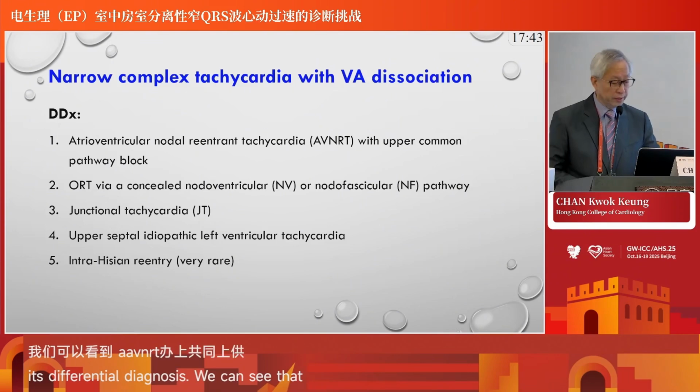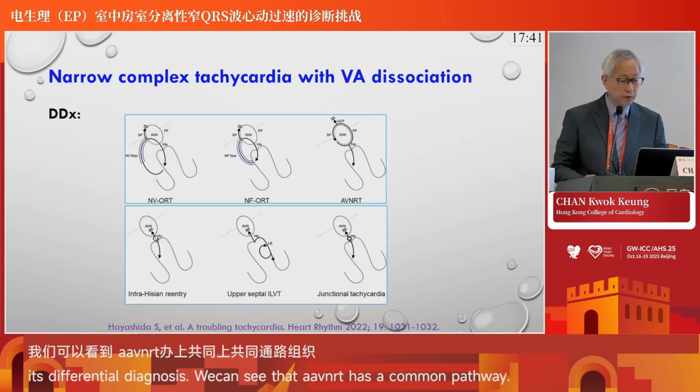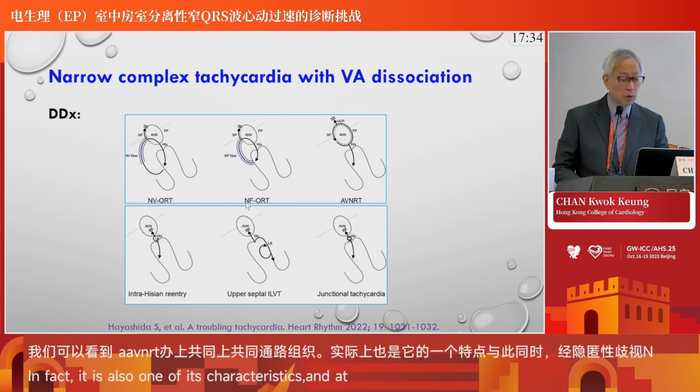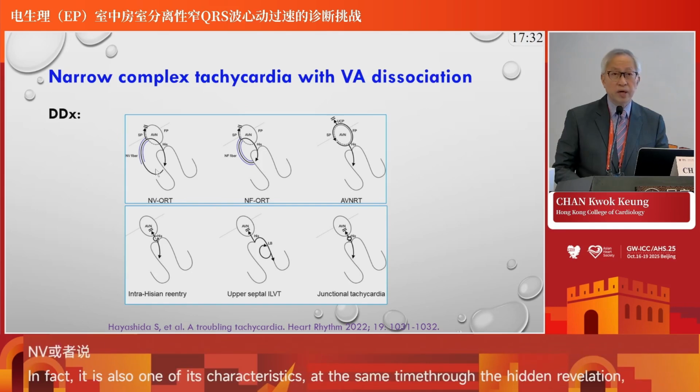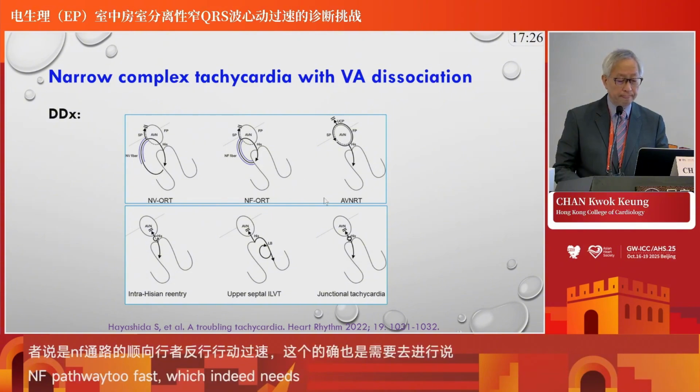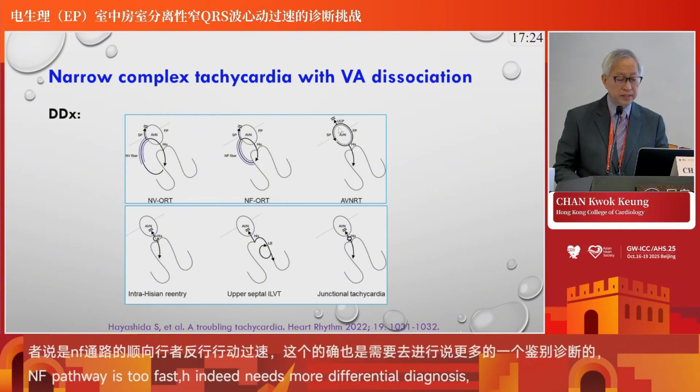Now, in diagrammatic representation, we can see that for nodal ventricular or nodal fascicular ORT, the accessory pathway acts as the retrograde limb of the tachycardia circuit, and the block is in the AV node. In AVNRT, the block is in the upper common pathway.